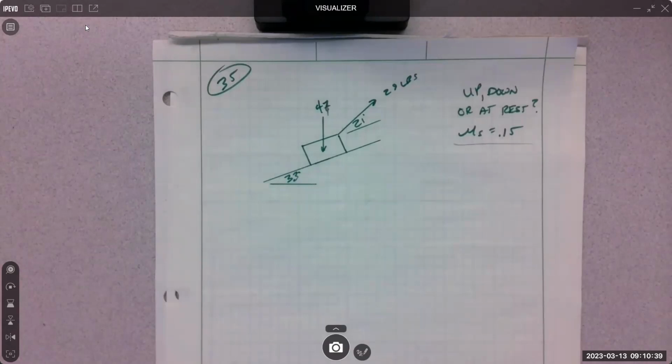Here, I'm gonna Google it. Is it like ice? Probably so. I haven't looked at ice in a long time. Right? 47.